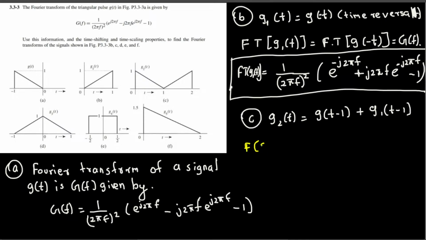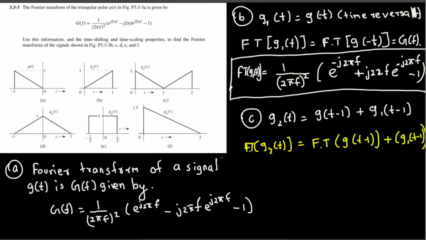So the Fourier transform of g2 of t is the Fourier transform of g of t minus 1 plus g1 of t minus 1. Okay, so what we can do here is do this individually. First we can find the Fourier transform of g of t minus 1, then find that of g1 of t minus 1, and then add them together.